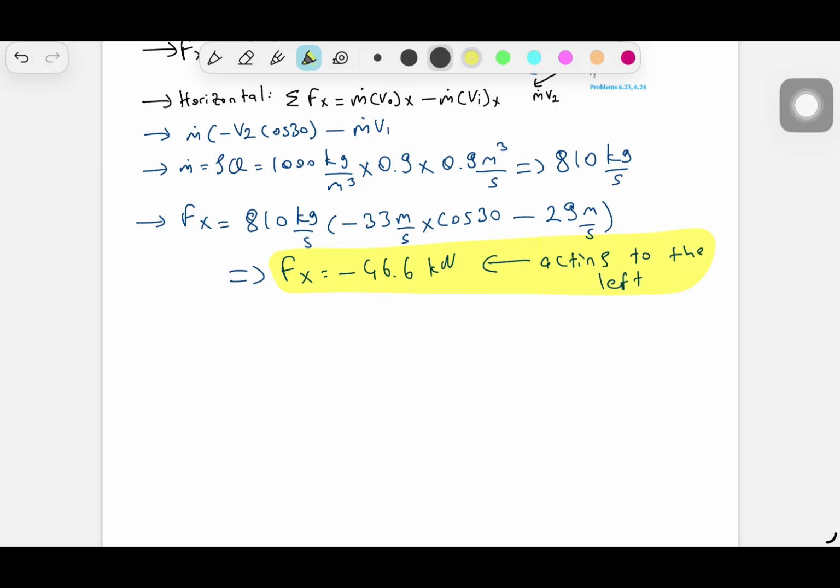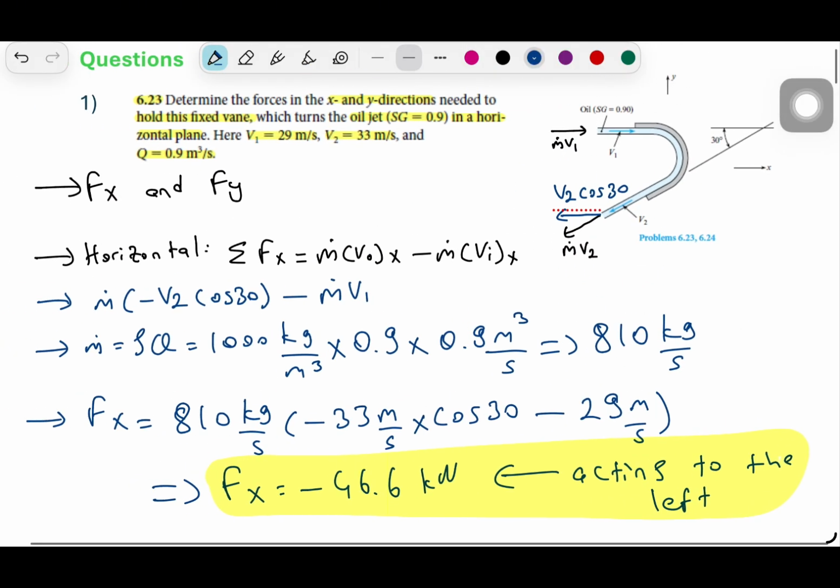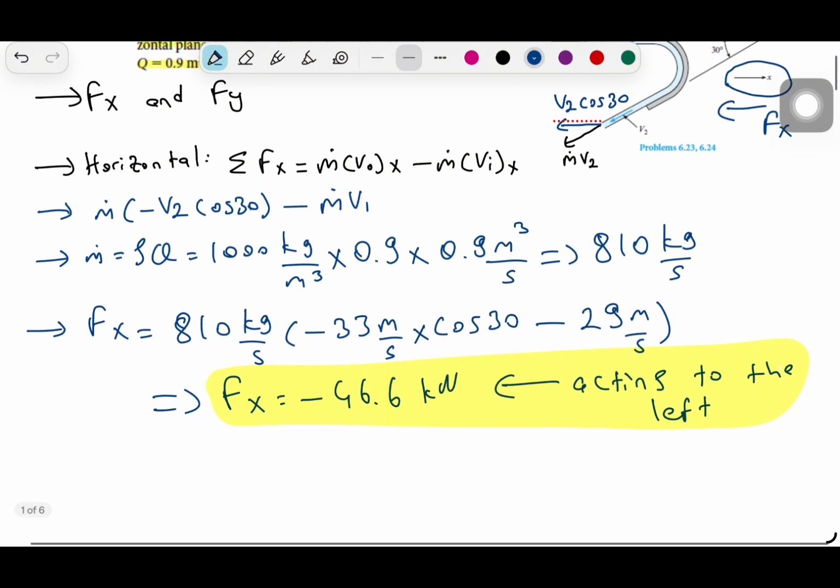We just calculated the horizontal force, and we also found its direction. Even though the figure shows this direction, since we found a negative Fx, it means we have Fx to the left.